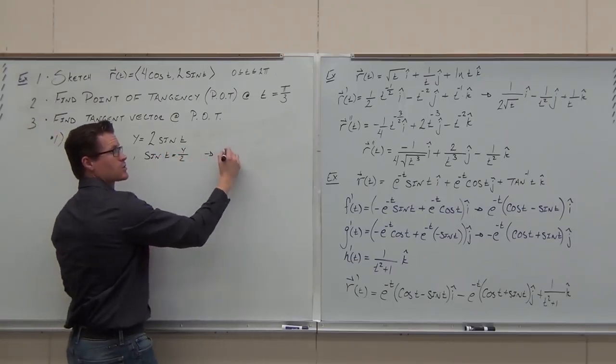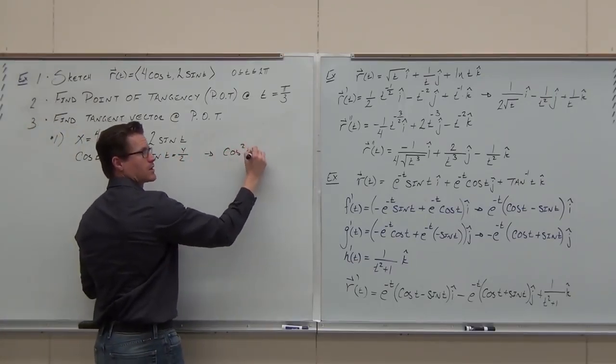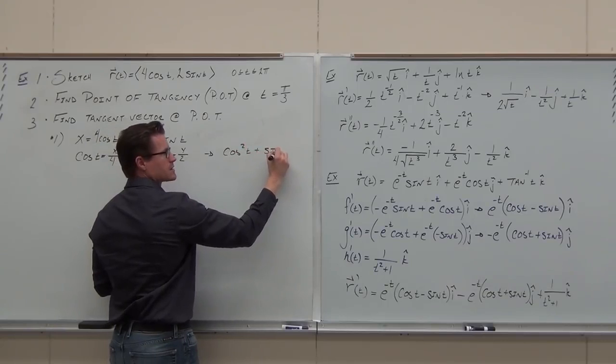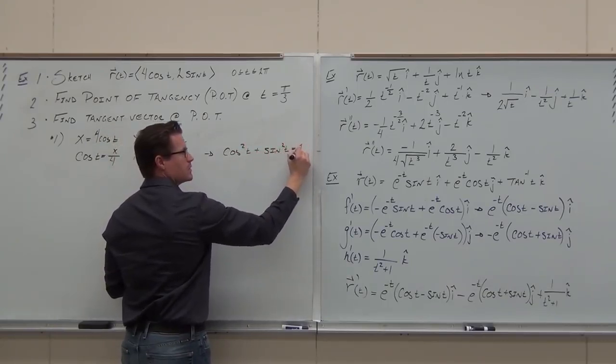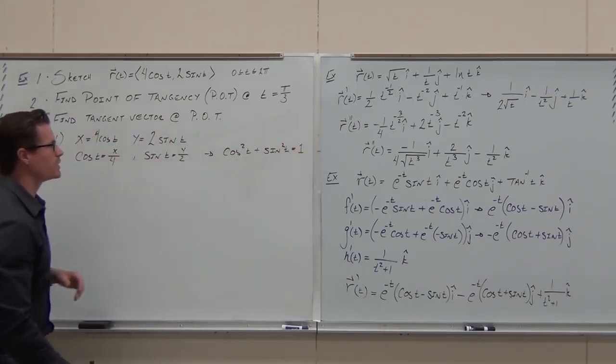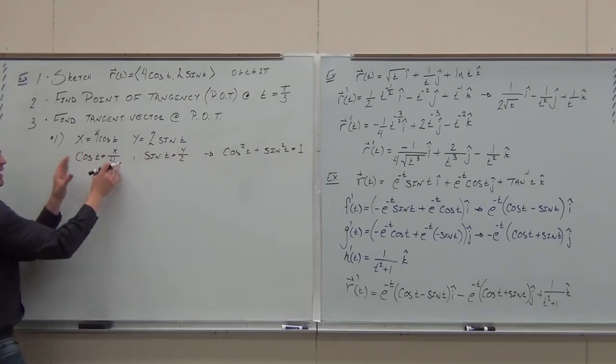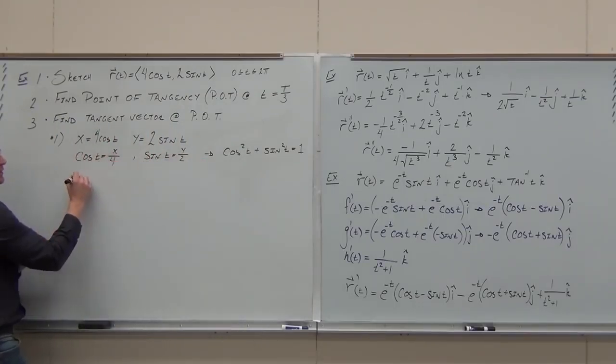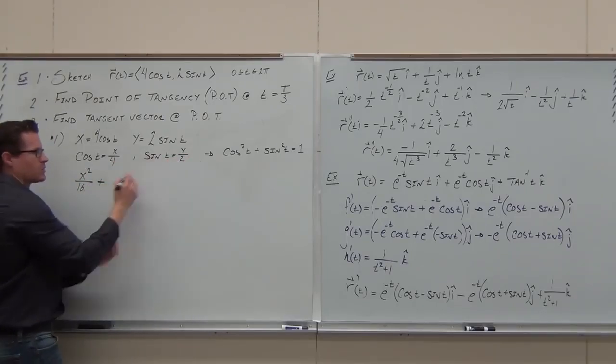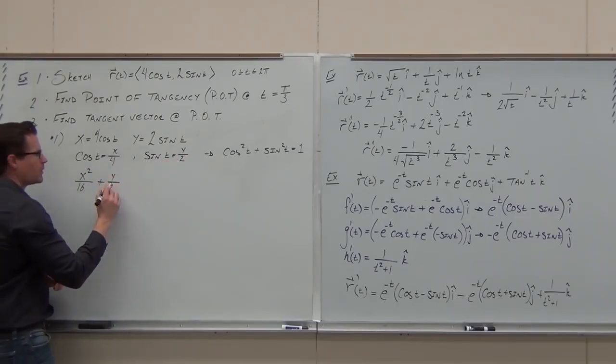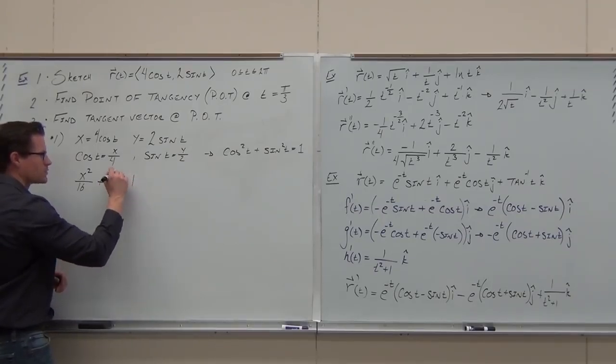And I know this works all the time. Cosine squared and sine squared when you have the same variable equals 1. Which means if I have that substitution, I can do cosine squared plus sine squared equals 1.